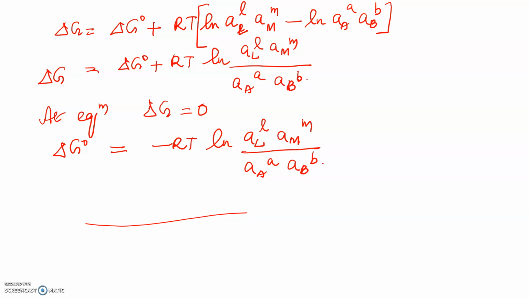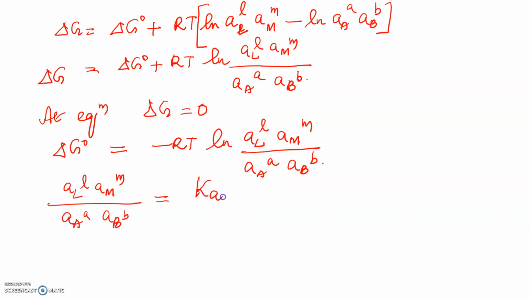We can substitute a L raised to l into a M raised to m divided by a A raised to a into a B raised to b as equal to Ka, where Ka is known as the thermodynamic equilibrium constant.